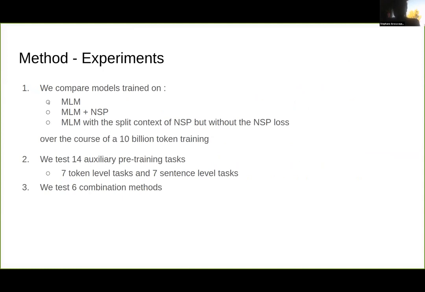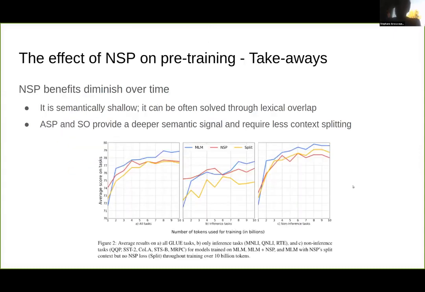The first thing I compared was a transformer trained on masked language modeling, one trained on masked language modeling and next sentence prediction, and one that had the split context of next sentence prediction, because obviously if half the time your next sentence comes from a different document, you're splitting the context, but without the actual loss of predicting whether it is from a different sentence. Then I tested 14 different self-supervised tasks. I'm going to go quickly through here because this is a bit more of my past work.